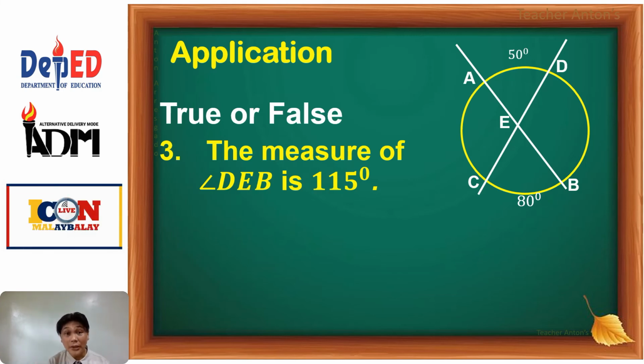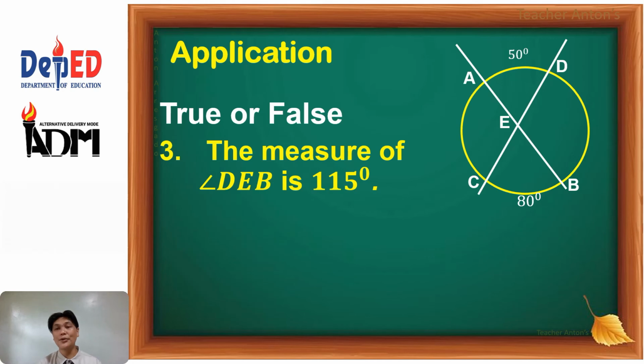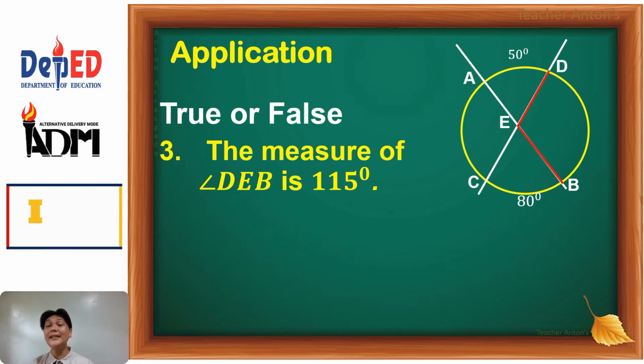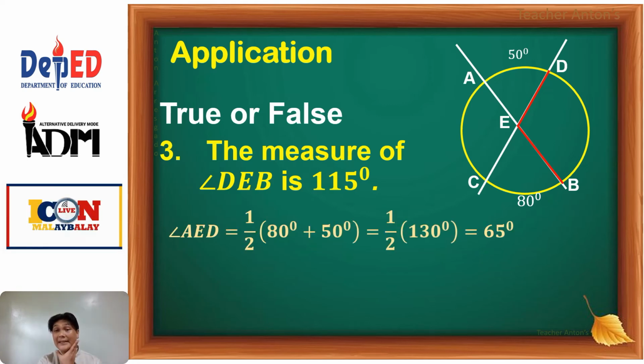Now the question, is the measure of angle DEB 115 degrees? How do we solve that? Okay, to solve for this angle DEB, first we need to solve an angle using the given. So let's try to solve angle AED, because when we solve angle AED, then we can make use of the 80 degrees and 50 degrees.